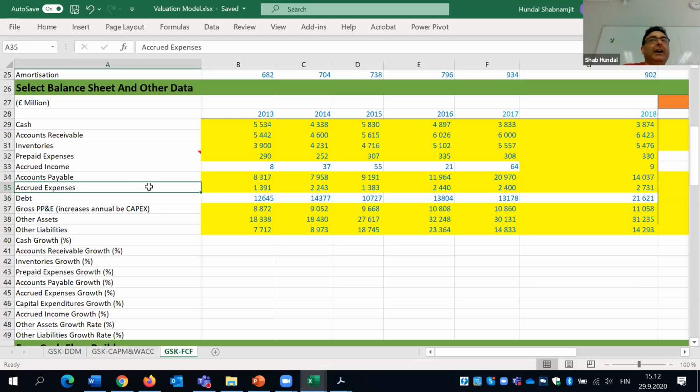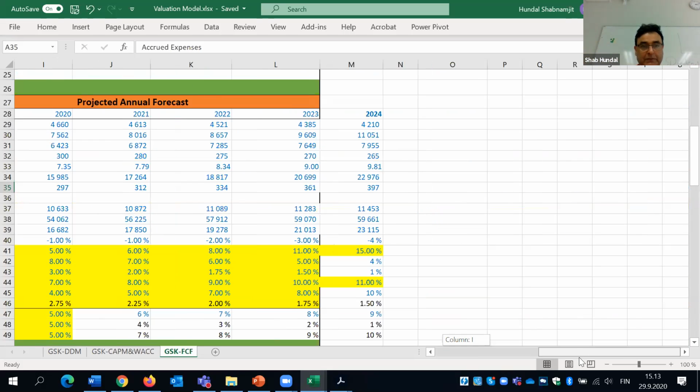I try not to pay. I try to delay as much as possible. That is called accrued expense. What do you think? Will it increase or decrease in bad times? Increase, because you want to delay the payments, right? And row 35, we see the tendency. Yeah, it's increasing.